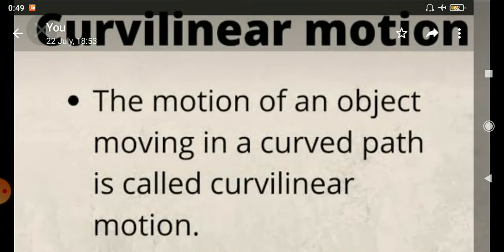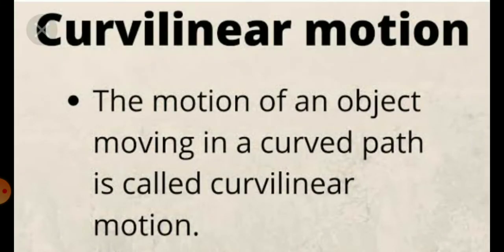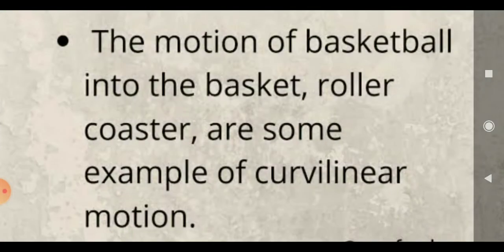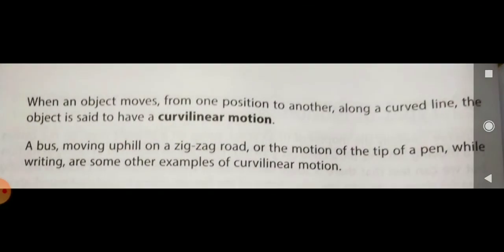Okay, now we will study curvilinear motion. The motion of an object moving in a curved path is called curvilinear motion, like the motion of a basketball into the basket, or a roller coaster. These are all examples of curvilinear motion. When an object moves from one position to another along a curved line, that object is said to be in curvilinear motion.